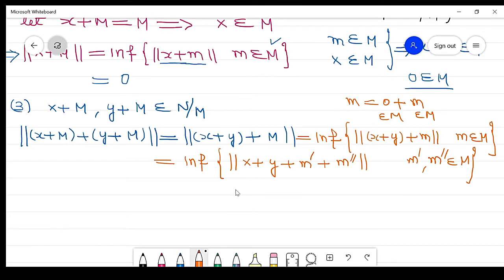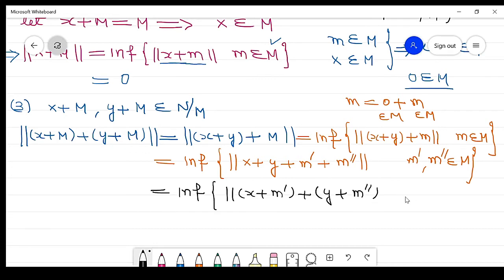Clear. Now this can be written as x plus m dash, y plus m double dash. So this can be written as the infimum of the norm of x plus m dash plus y plus m double dash, where m dash and m double dash belong to capital M, right?